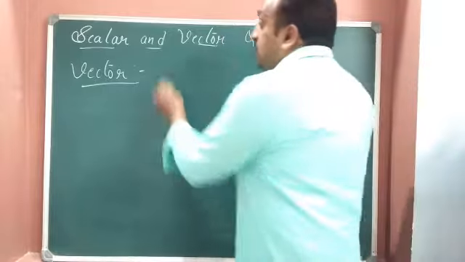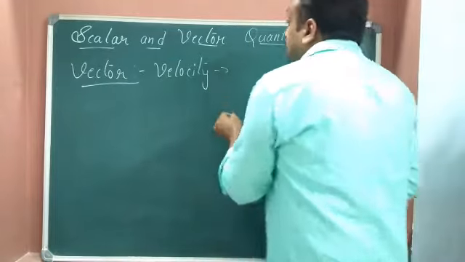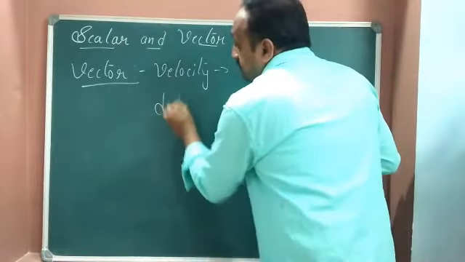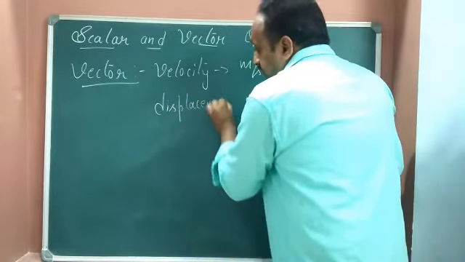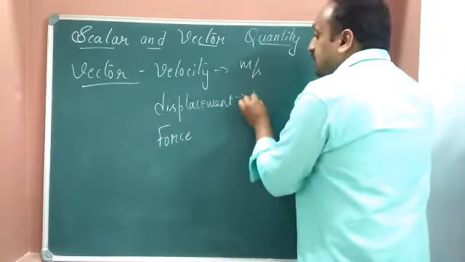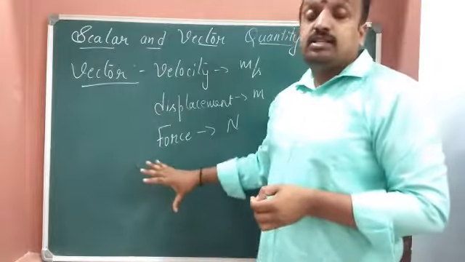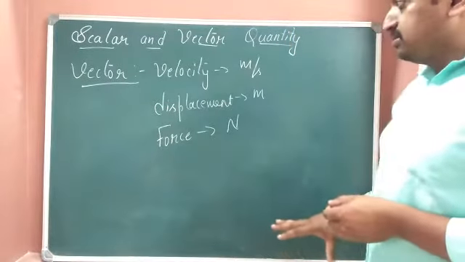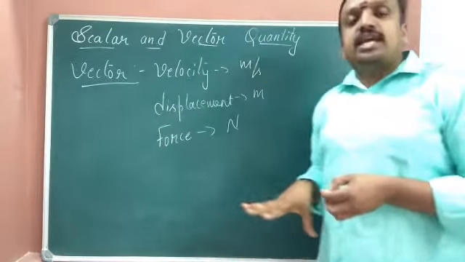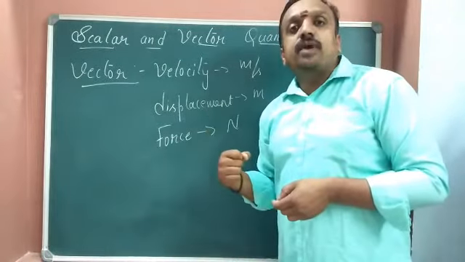For example, velocity, the unit is meter per second, or displacement, or force. Displacement unit is meter, force is Newton. If you observe these examples, it is very clear that a quantity which has both magnitude as well as direction can be categorized under vector quantity.